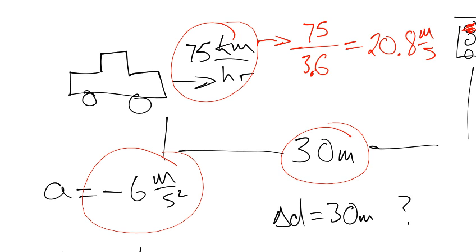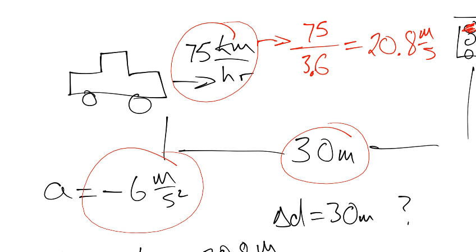Now, we can write that down here, 20.8 meters per second. And now, there's another piece of information which we haven't specified directly, but it is implied. And that is that the final velocity must be equal to 0.